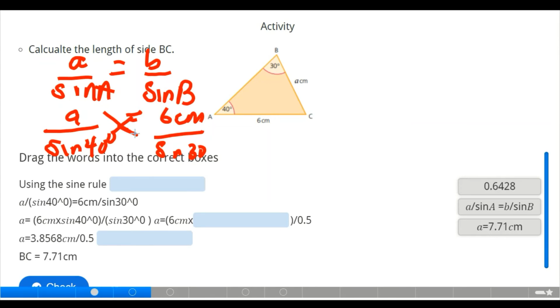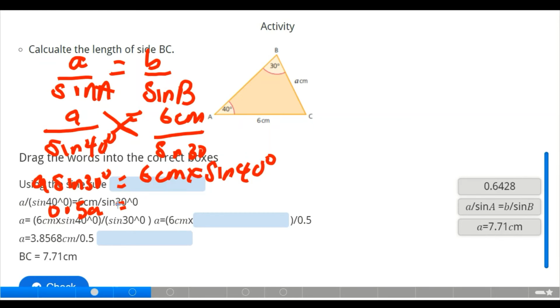So we cross multiply. So a multiplied by sine 30 degrees, while 6 centimeters is multiplied by sine 40 degrees. Sine 30 degrees is 0.5, so we have 0.5a equals 6 centimeters multiplied by sine 40 degrees.